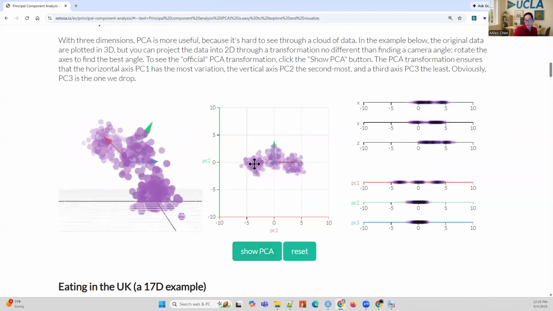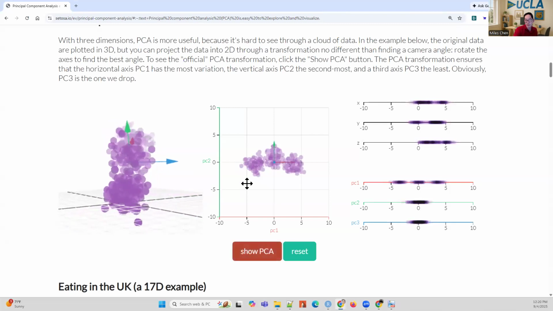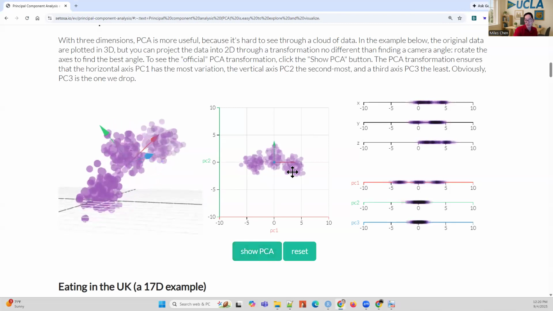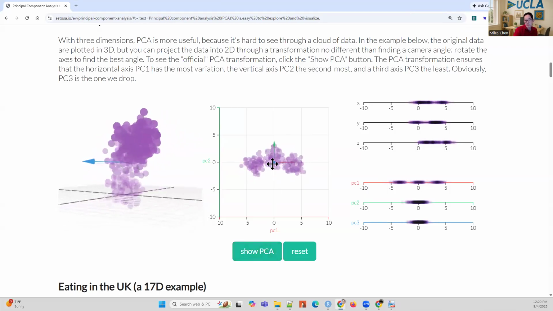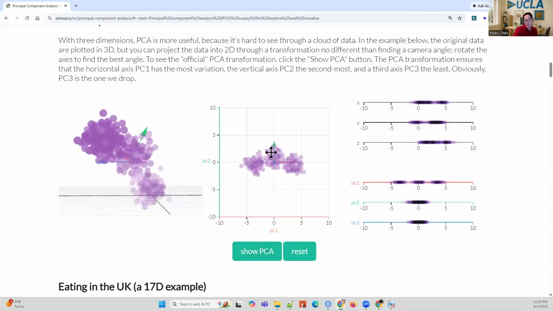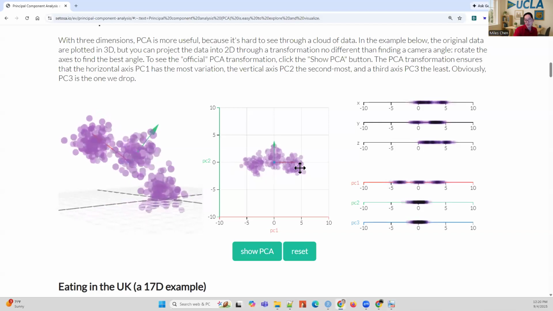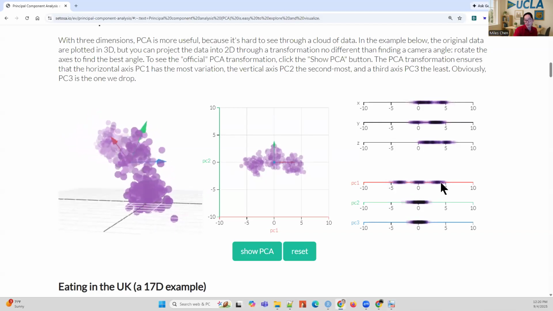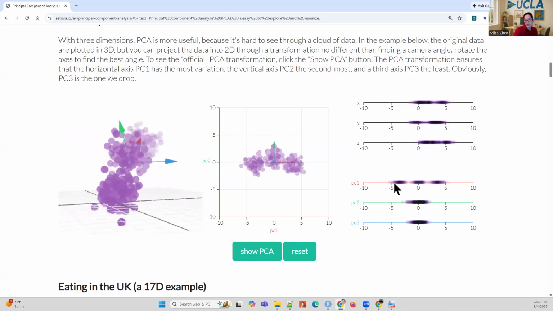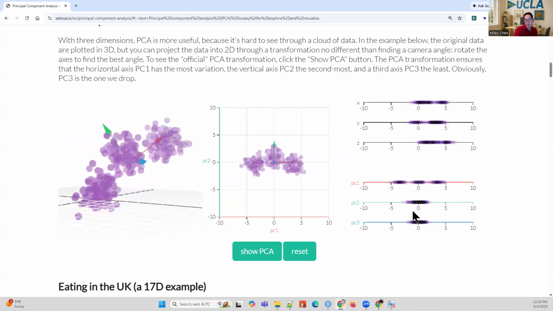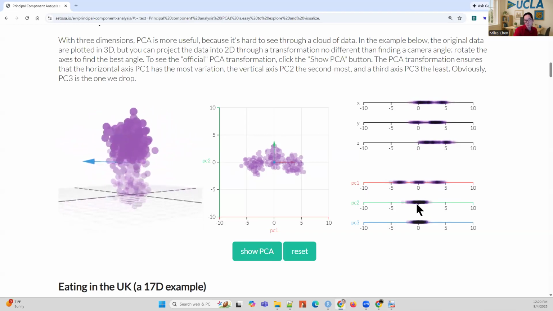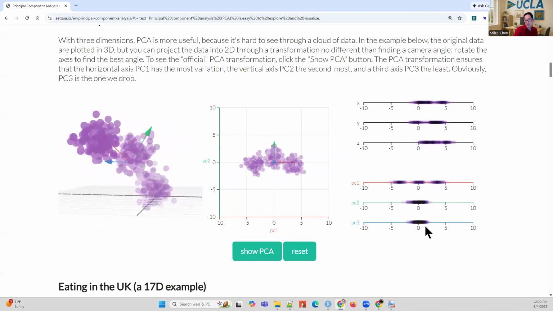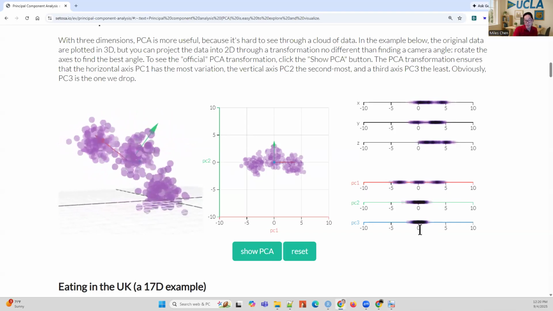And so when we do the principal components analysis, it rotates the data in such a way that now along principal component one, we can see that there are three clusters. Okay. Principal component two and three, it maximizes the amount of variation there, and principal component three has the least amount of variation there.